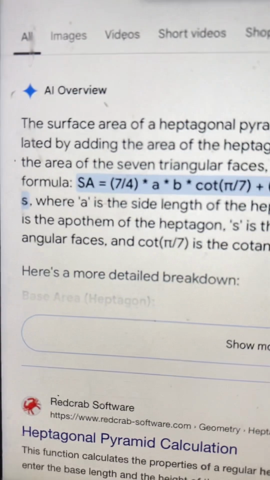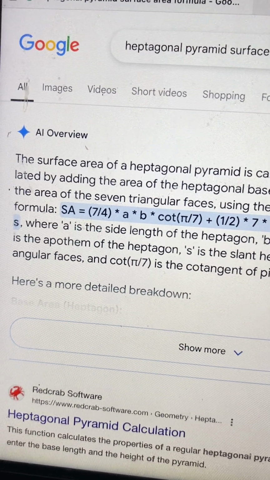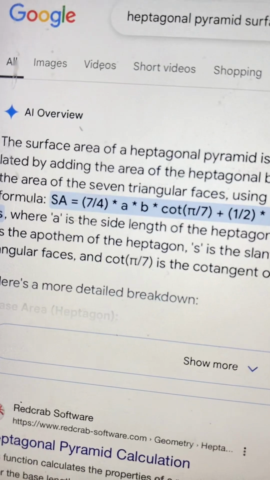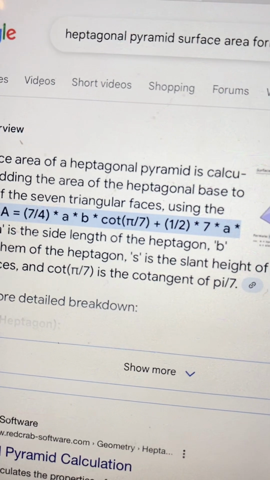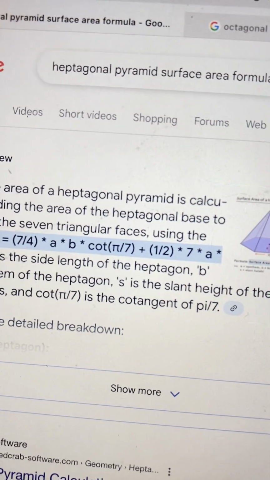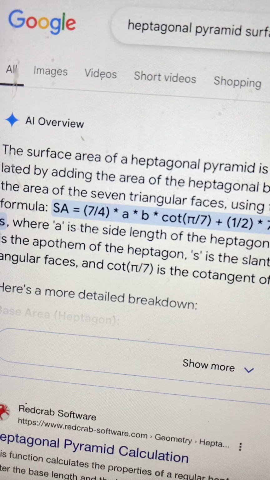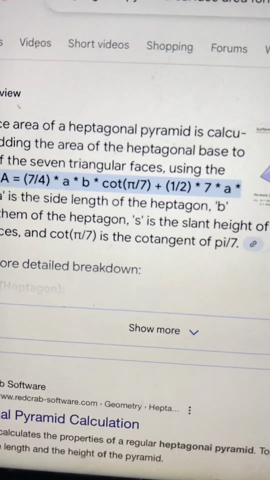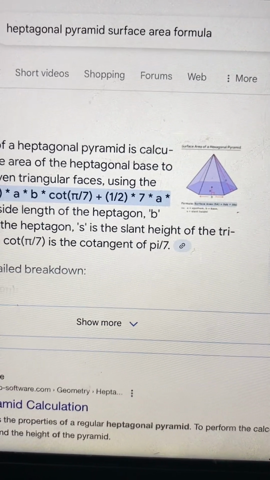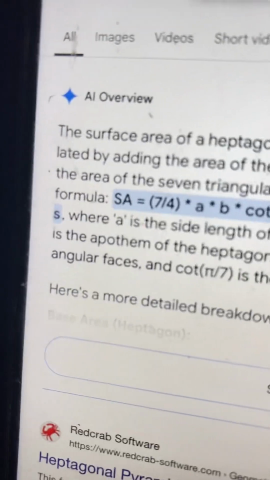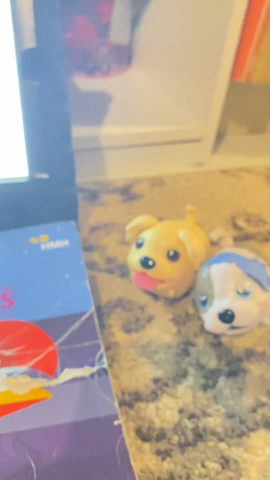The surface area of a heptagonal pyramid is calculated by adding the area of the heptagonal base to the area of the 7 triangular faces, using the formula SA equals 7/4 times A times B times C times pi divided... Wait, no, not C, sorry, cot. I get confused. Okay, so the surface area formula is 7/4 times A times B times cot times pi divided by 7 plus 1/2 times 7 times A times S. Pi is a mathematical constant, approximately equal to 3.141592654.